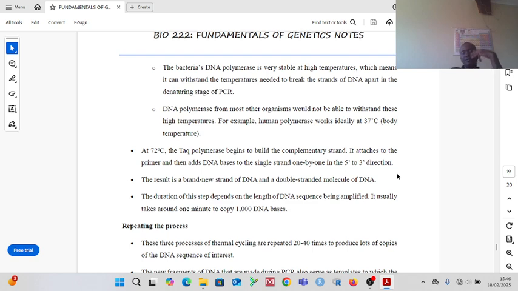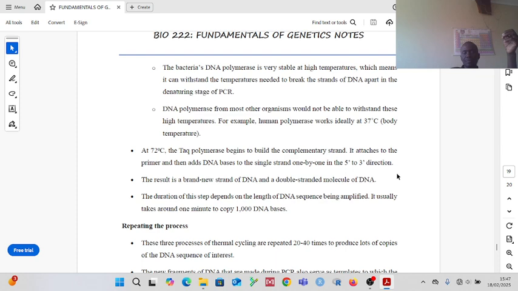Okay? 3 stages of PCR: denaturing, heating; annealing, you cool; then extension, where the Taq polymerase, the enzyme, comes in to begin elongating, adding the DNA bases one by one, so that we create a brand new strand of DNA.